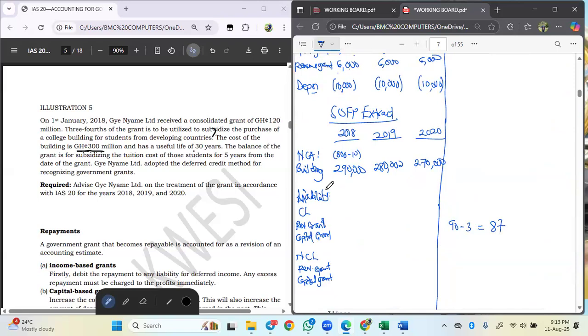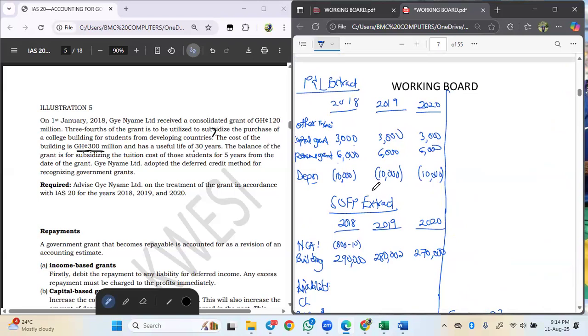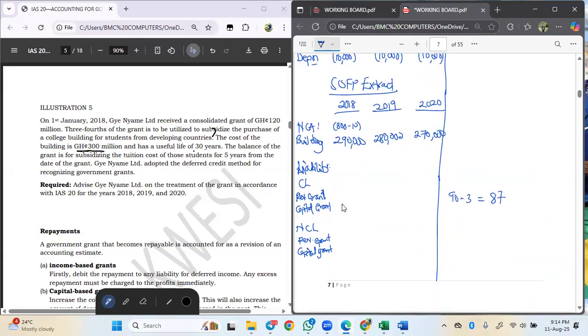Now 87,000 is the total liability, and we are going to split it. Out of the 87,000, 3,000 will be released in 2019, so 3,000 is shown under the current portion. 87 minus 3 gives 84,000. In the next year, 2019, we release 3,000 to P&L, so you'll be left with 81,000.